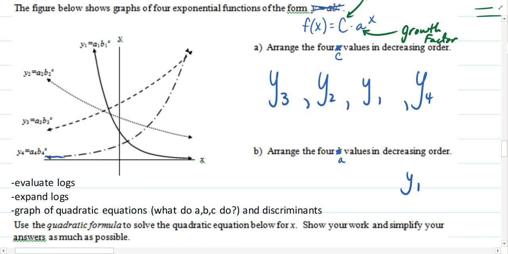The largest a value belongs to this graph here, y4, because it is the steepest growth rate, while the equation itself is increasing in size, growing from left to right. The next steepest growth rate, while still positive, belongs to the equation y3, and then of course y2 would be next. It becomes a decay example here in y2, but it's not nearly as steep as the decay example in y1.